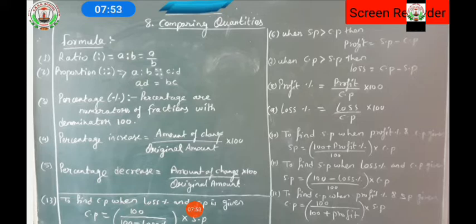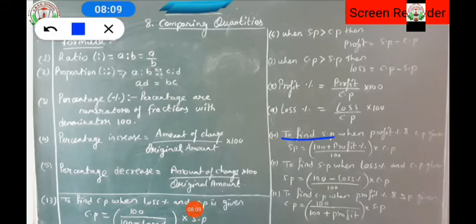Okay, now moving toward the next formula, we are having to find the selling price when profit percent and CP are given. Here the next formula, we are going to find the formula for selling price.